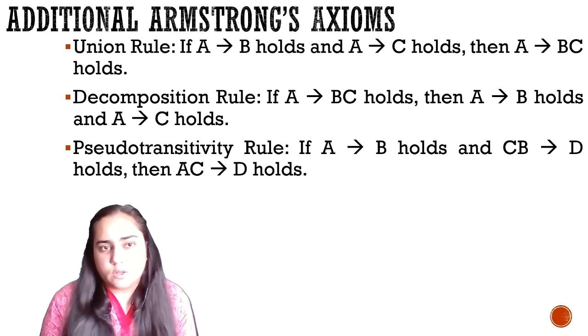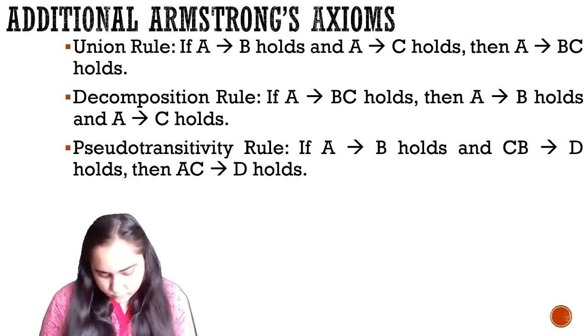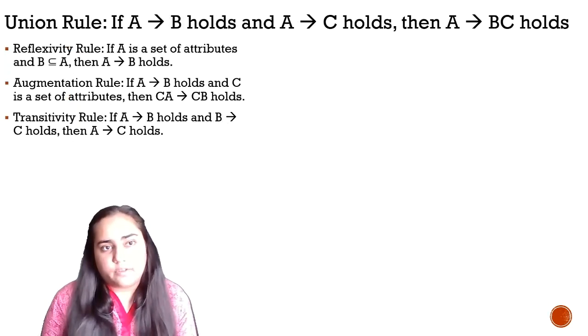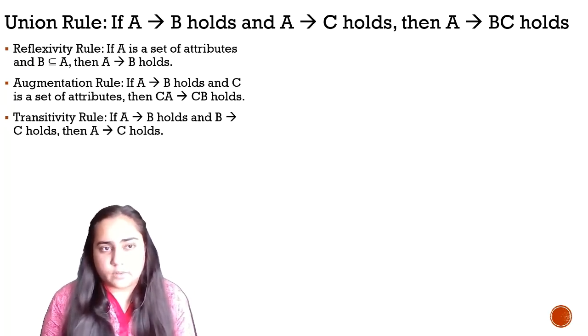Now we're going to go ahead and prove these rules one by one. The first one that we are going to prove is the union rule: A determines B and A determines C, then we are going to prove that A determines BC. The rules given to you are the basic ones.